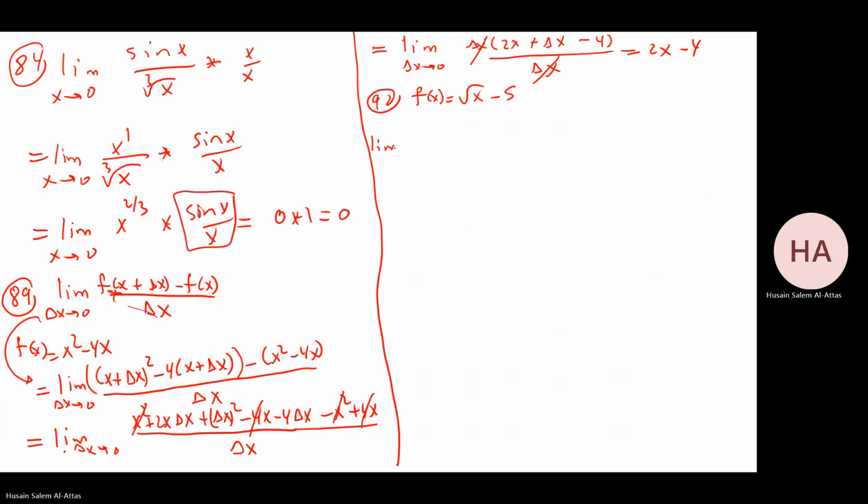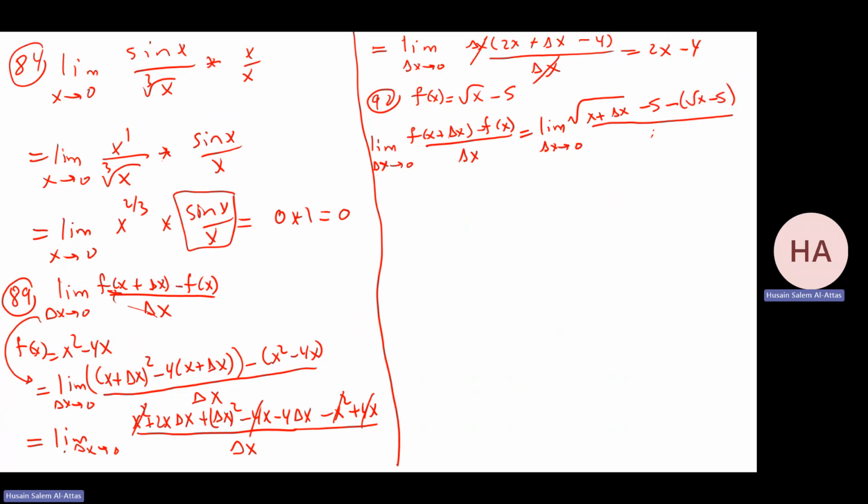So the limit as delta x goes to 0 of cube root of x plus delta x minus 5 minus cube root of x minus 5 over delta x. 5 cancels with plus 5.